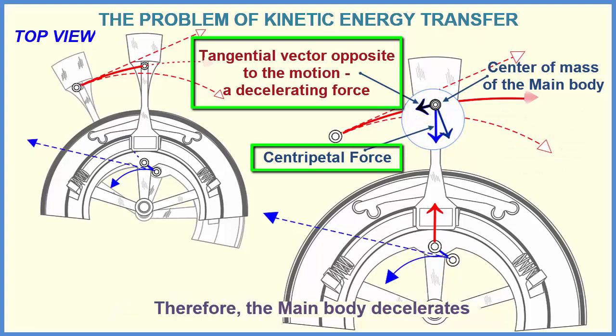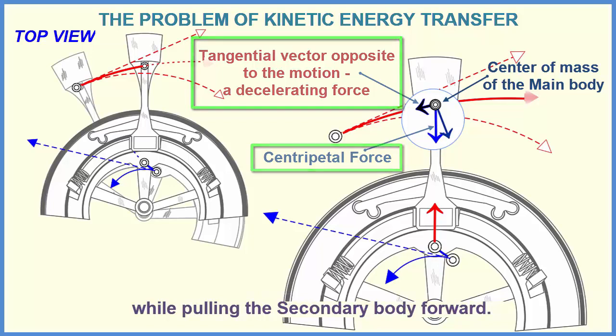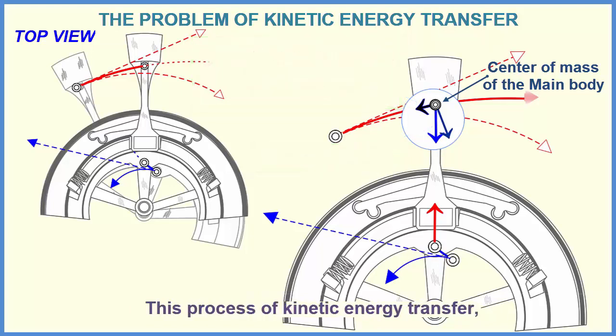Therefore, the main body decelerates while rotating around the center shaft inside the angle of rotation while pulling the secondary body forward. This process of kinetic energy transferred from the unbalanced rotating body to the non-rotating structure applies to all candidate mechanical and balanced propellantless devices.